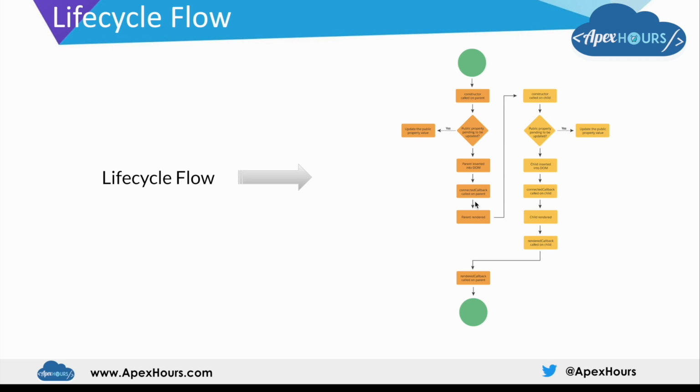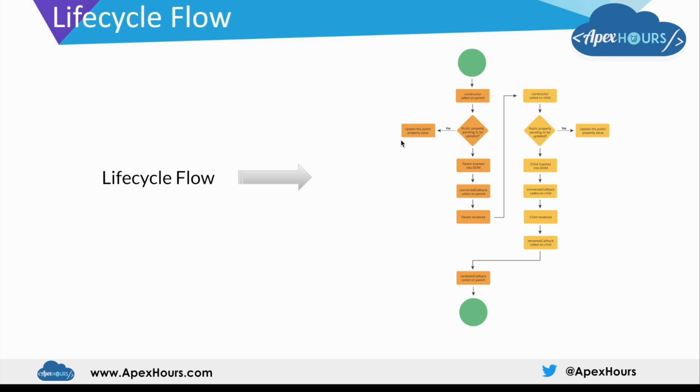From this connected callback, as the parent is already inserted, you can reference different DOM elements. Then the parent will be rendered. Once the parent is rendered, the constructor is called on the child component, and the same cycle runs for the child component as well. And if you have a grandchild component, once the child component is rendered completely, the same cycle runs for the grandchild component as well.